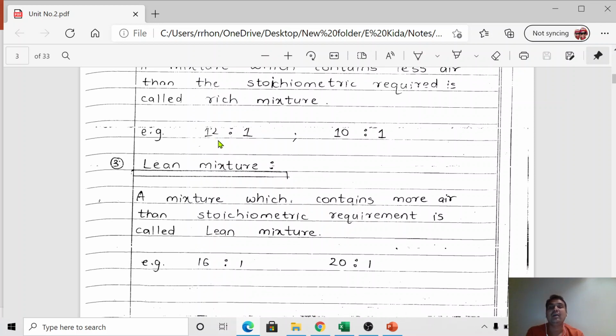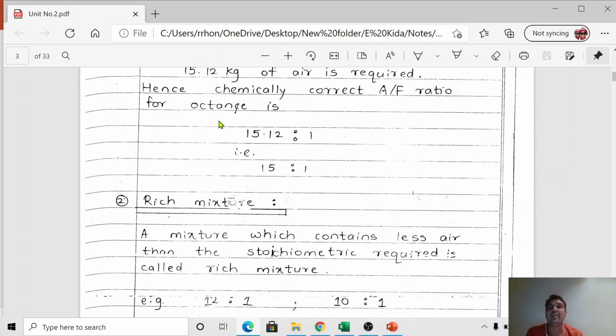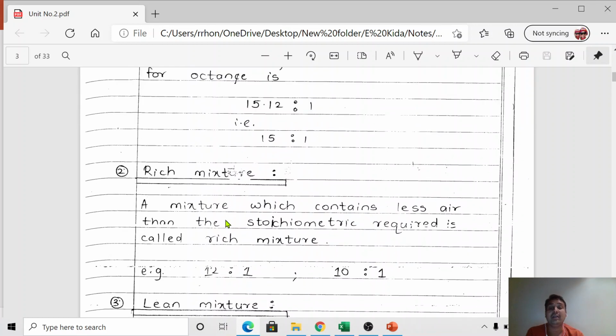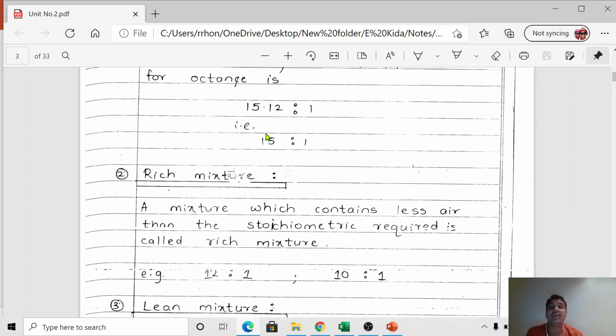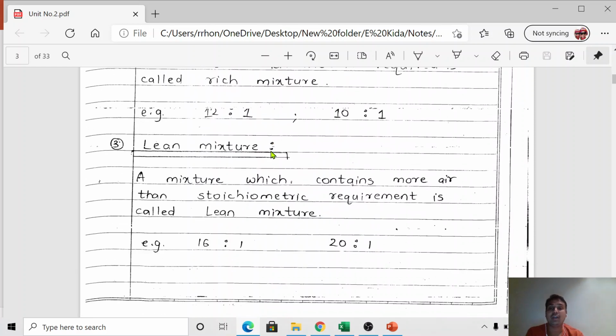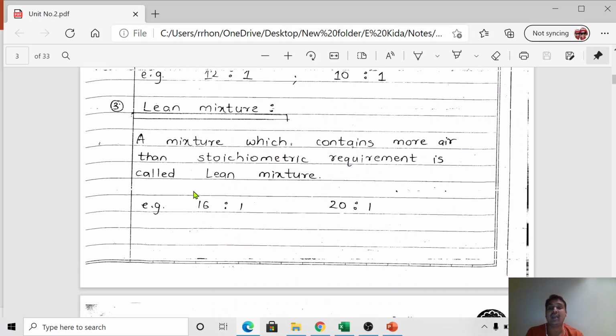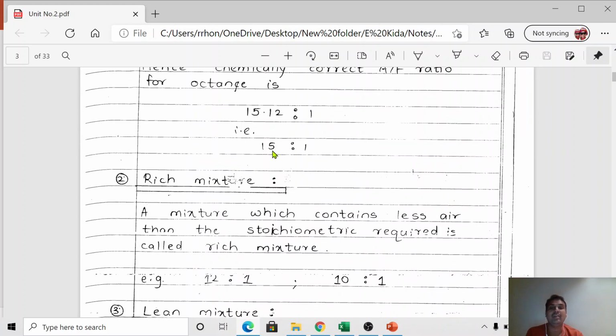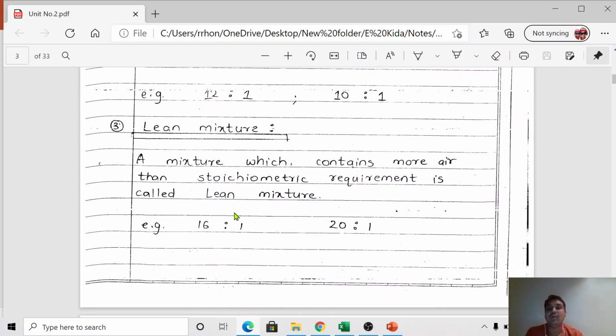In a lean mixture, the amount of air is greater than the stoichiometric requirement, that is always greater than 15, such as 16, 17, 18, whatever, which comes under the lean mixture. And I always suggest you run your vehicle in the stoichiometric range or on the lean mixture.